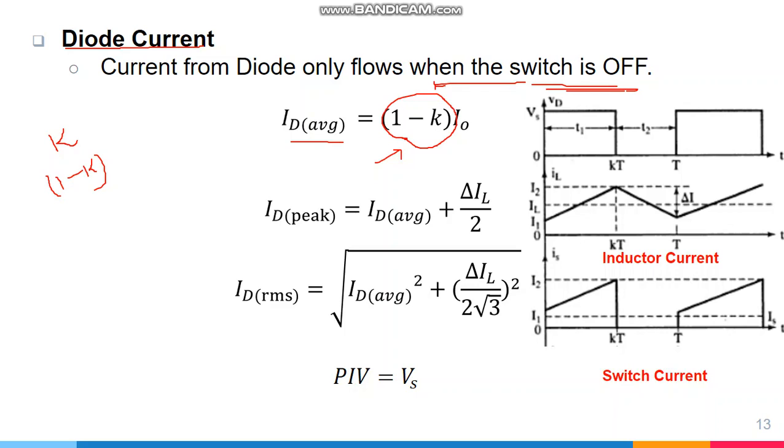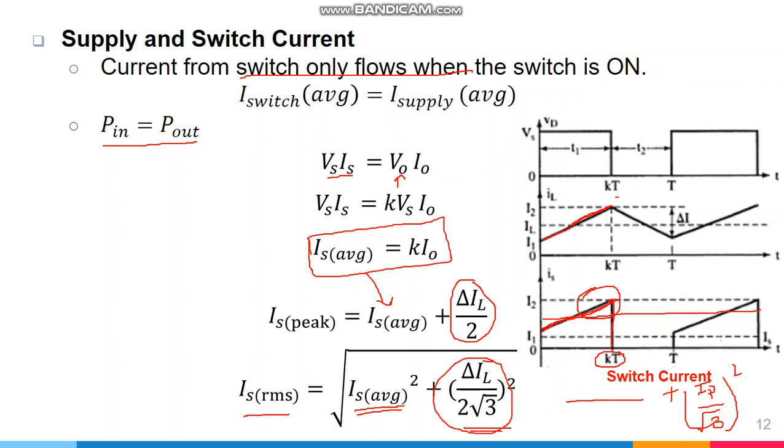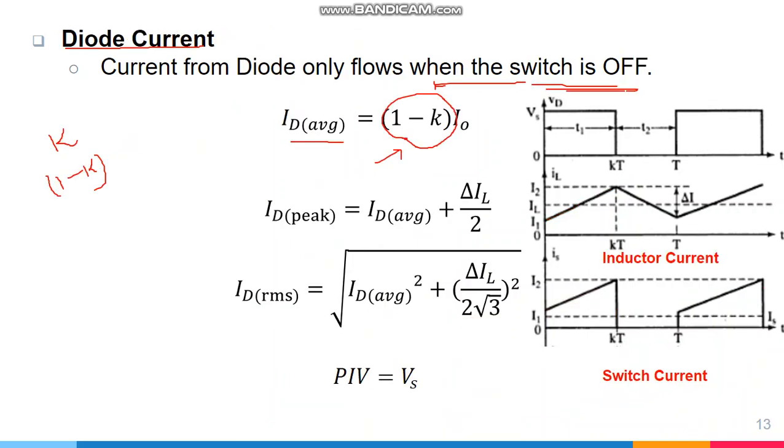that is why it is 1 minus k into I naught. You see over here, in this case the current from the supply and the switch was only flowing when the switch was on, and the switch was on for a duty cycle k. So the average value of the current from the switch was k times I naught, and here the current from the diode is flowing when the switch is off, and the switch is off for a 1 minus k time period.